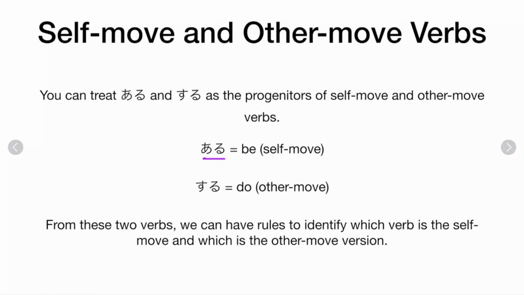You don't have an object to that verb. The other move work like suru, nani nani o suru, right? Something o suru. So you have an object on which the verb acts. And so knowing which one is like aru and which one is like suru gives us clues as to which one is the self move and which is the other move.